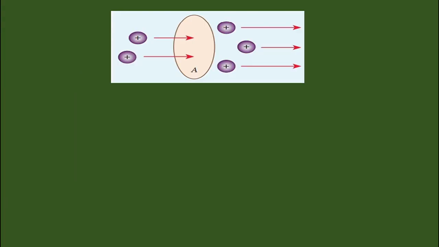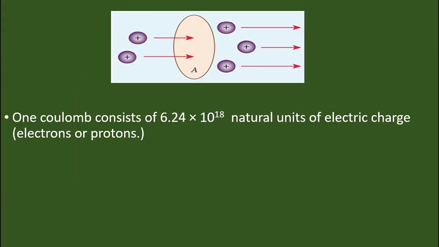That is, 1 coulomb is nothing but, you see, this is the area of cross section of a conductor. From this area of cross section, 6.24 into 10 to the power of 18 electric charges are passing through.